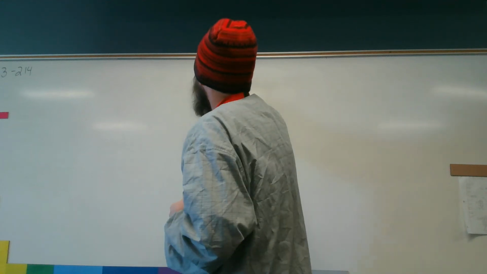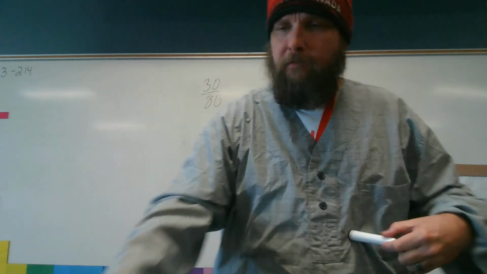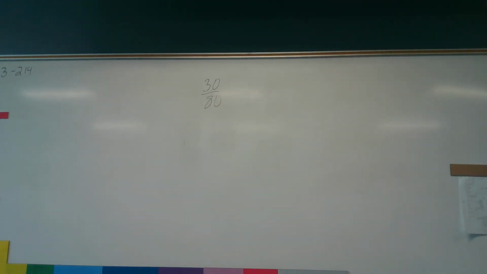We have 30/80ths. Liam, is 80 a multiple of 30? Will 30 go into 80 evenly? No. So, Liam, give me a number that will go into both 30 and 80 evenly. 10.